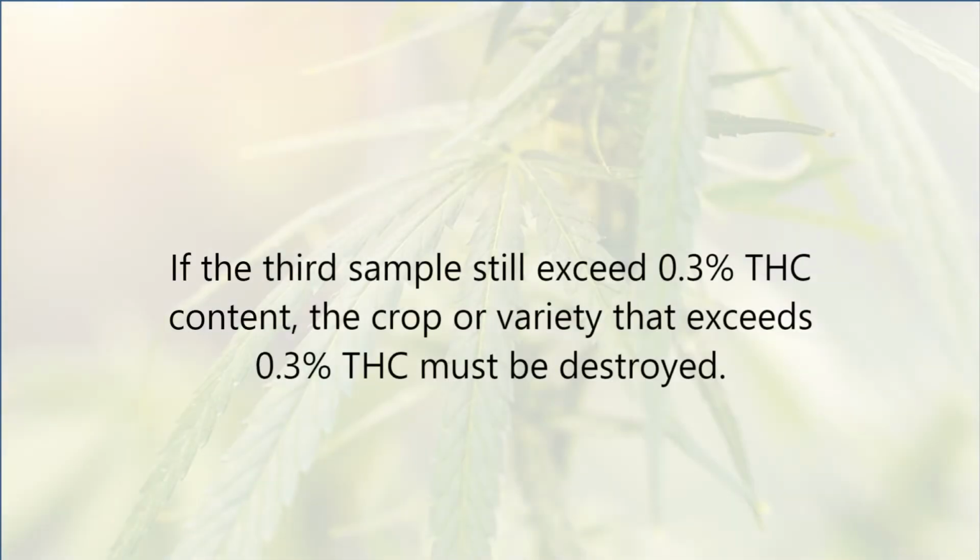If the third sample still exceeds 0.3% THC, the crop or variety that exceeds 0.3% THC must be destroyed in accordance with the Hemp Waste Disposal Manual available at the FDACS Hemp page. The licensee must notify FDACS DPI within 1 day of completing destruction of the hemp that exceeds 0.3% THC.